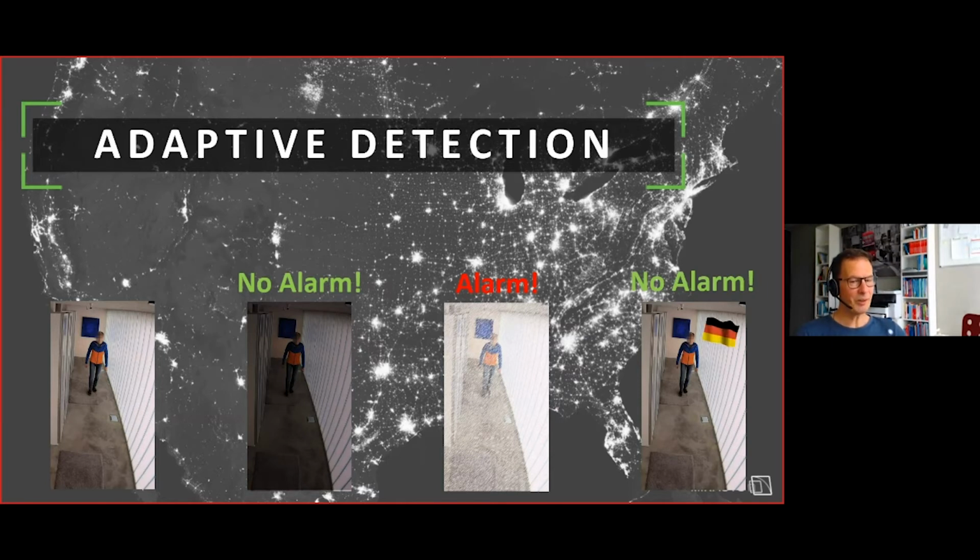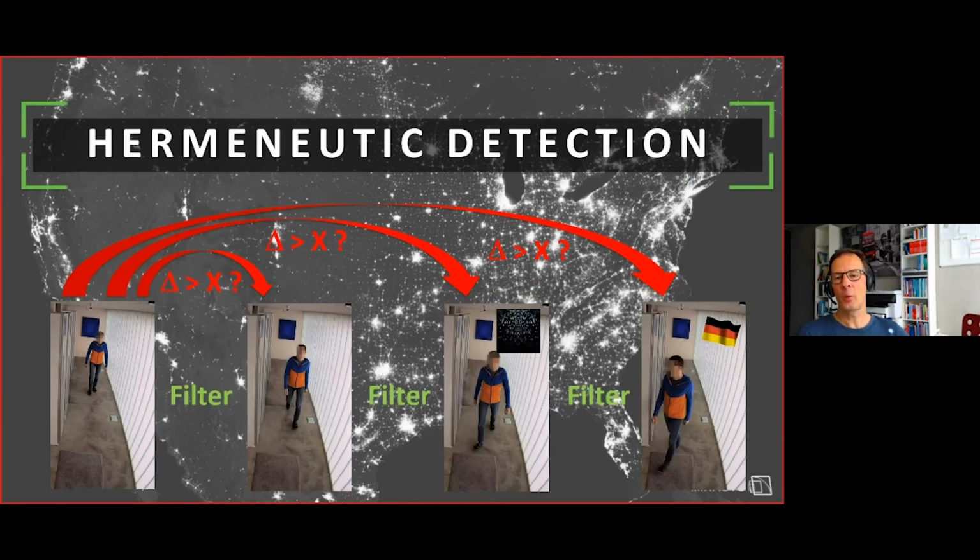But honestly, there are also some situations when the adaptive detection is creating false alarms. And for those situations, we have the hermeneutic detection. Hermeneutic detection is doing it similar to the adaptive detection.